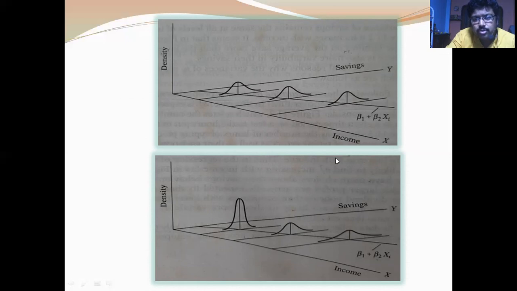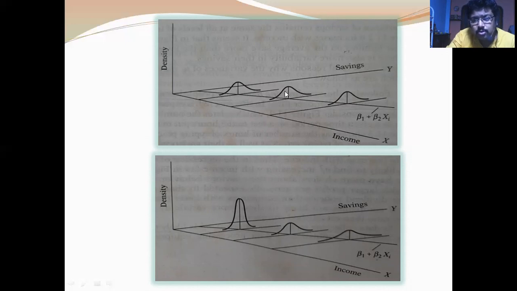Suppose at income x1, the savings are normally distributed, that is, the variance is constant. You can find that in the case of x2 income, the same variance is there.